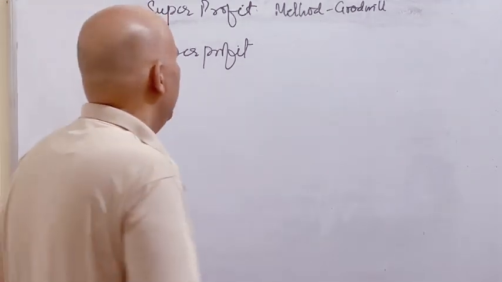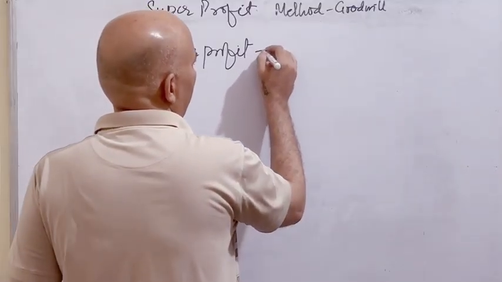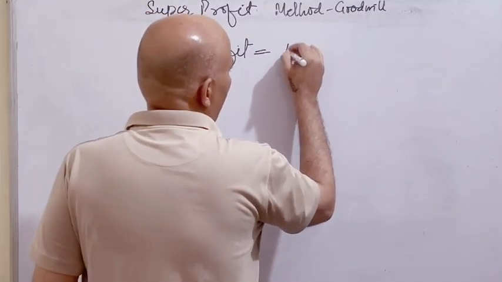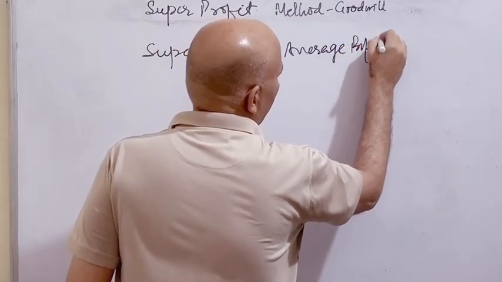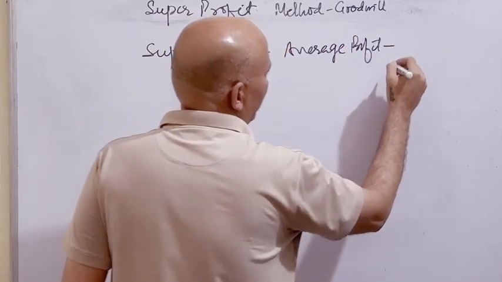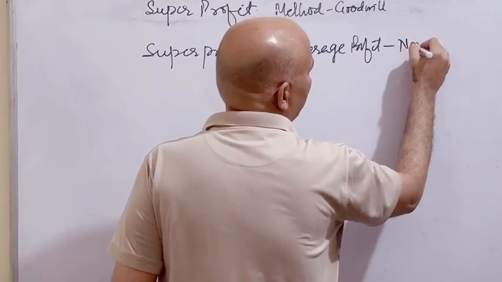In the formula, super profit is average profit minus normal profit.